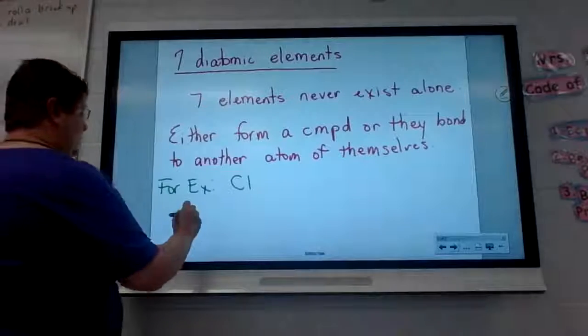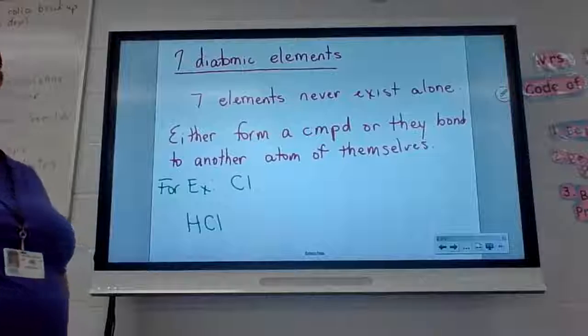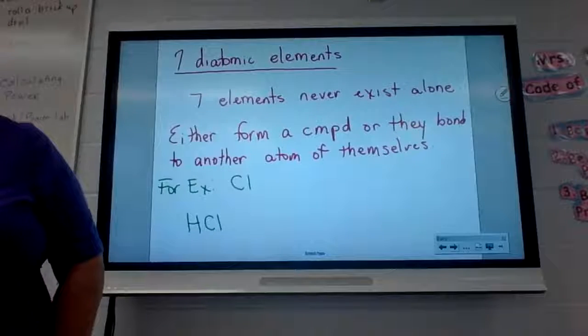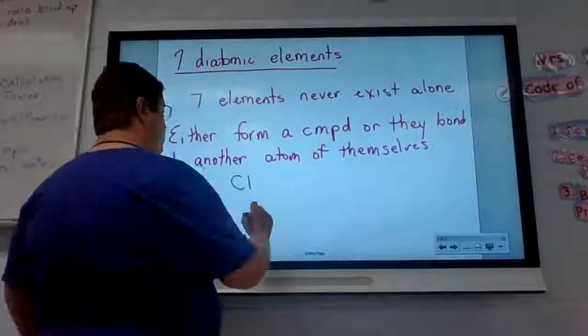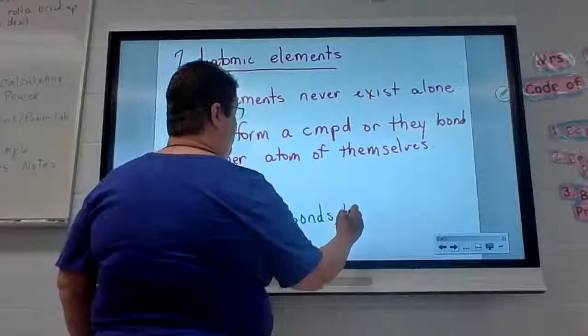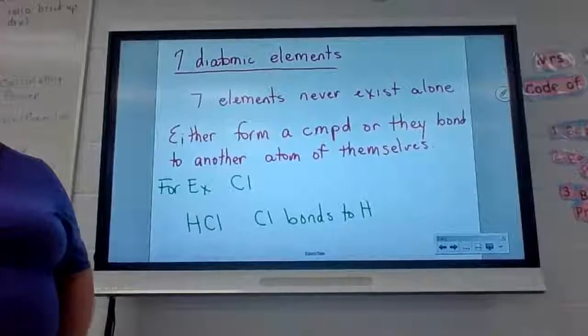HCl. Here, chlorine is bonded to hydrogen. It's not by itself there, right?